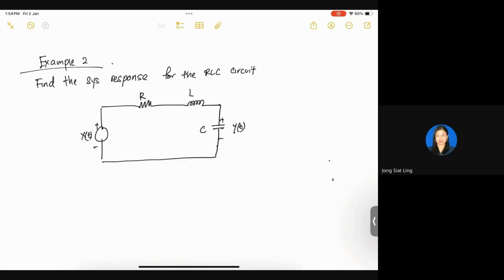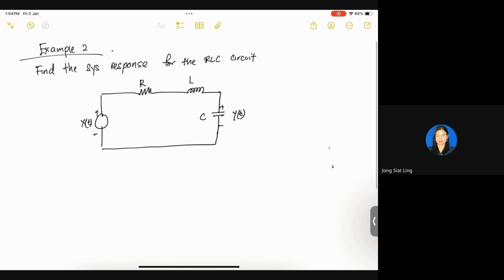Okay, now look at another example. Find the system response for the RLC circuit. Just now only R and C, but now it's the RLC, which consists of resistor, capacitor, and the inductor. So based on the KVL, we can solve it like this. x(t) equal to VR, okay, voltage across the resistor, plus voltage across the inductor, plus the voltage across the capacitor.